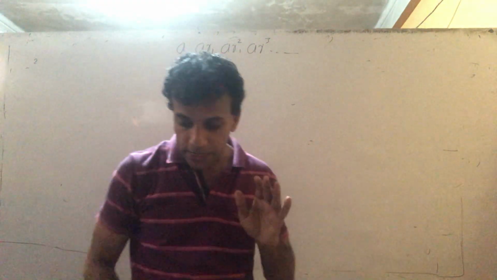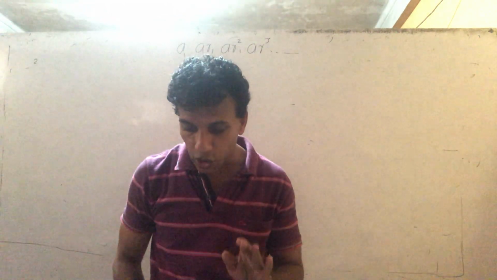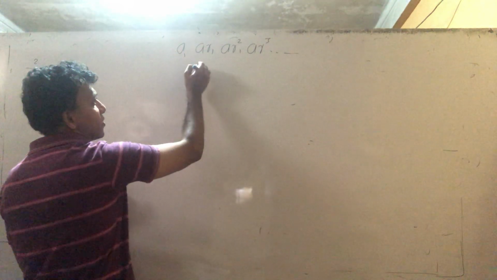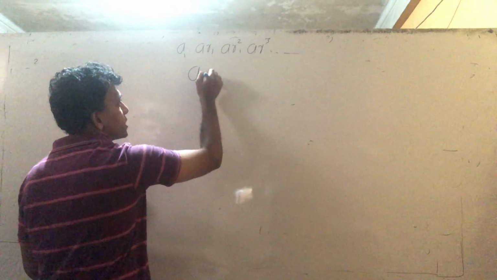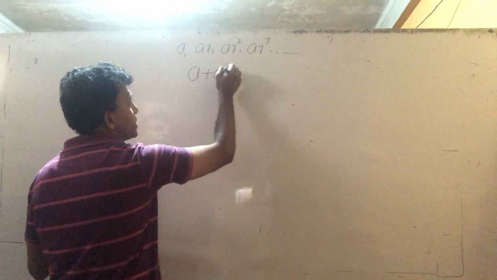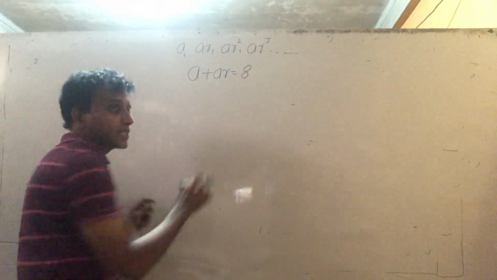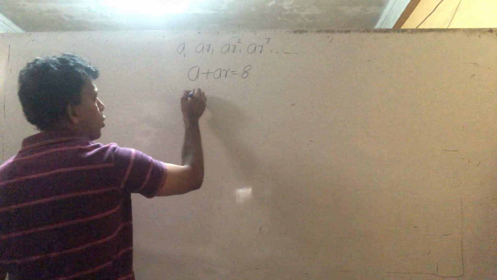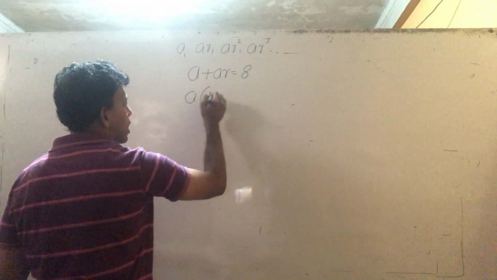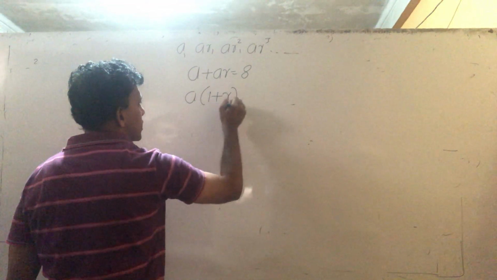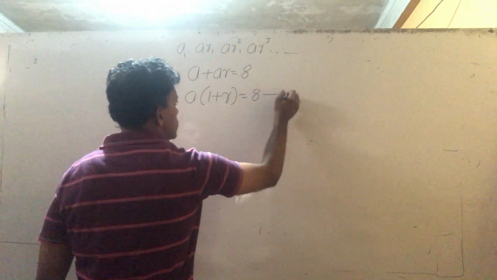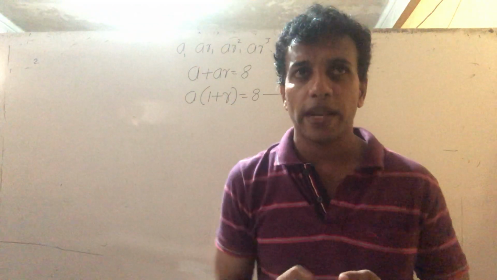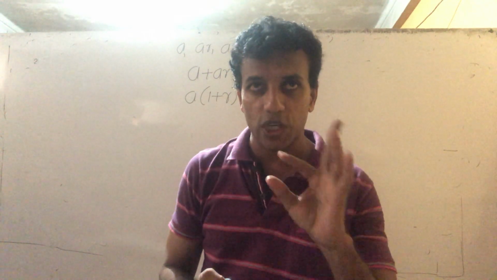Now they say the sum of the first 2 terms is 8. So build up an equation. First term and the other term is equal to 8. Take a out: a(1 + r) = 8. This is your first equation, right? In an exam, they'll give you 2 marks for this equation.